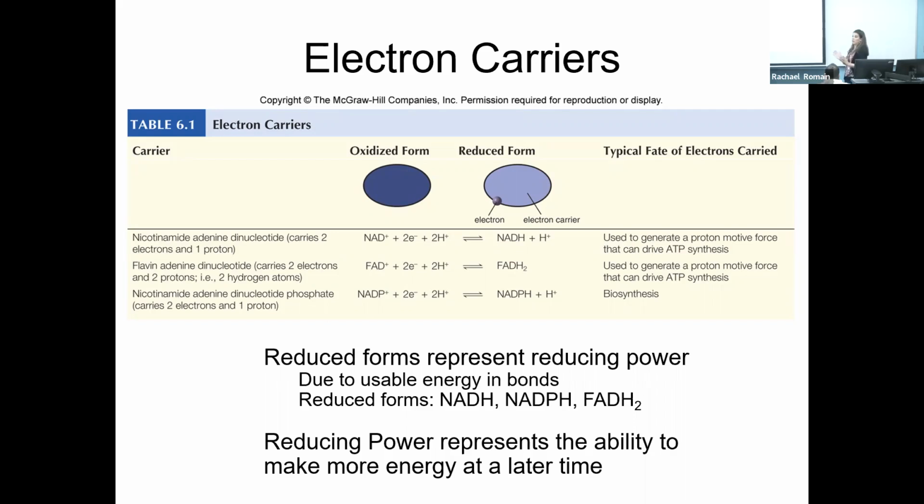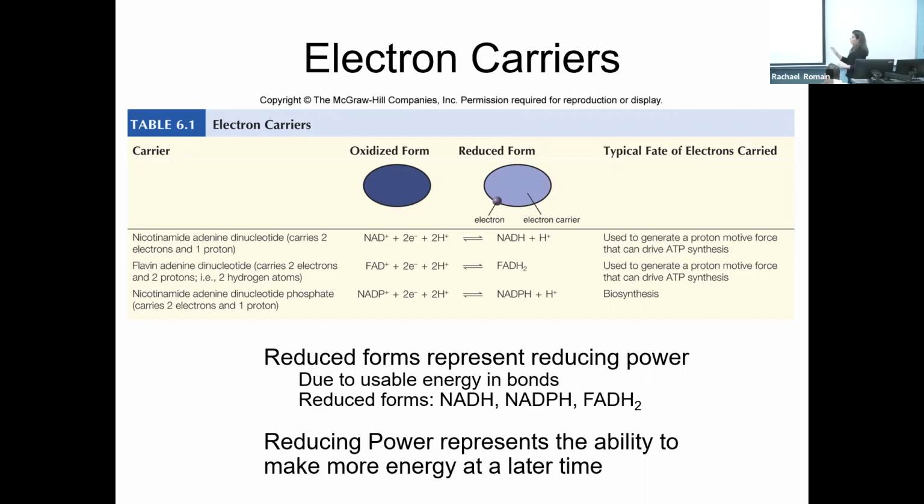I think of an electron carrier as literally just an Uber, okay? It is like a little Uber for electrons. That is its goal. The electrons hitch a ride, they go somewhere else, and they get dropped off at this next component. That next component is going to allow you to make energy in the end.